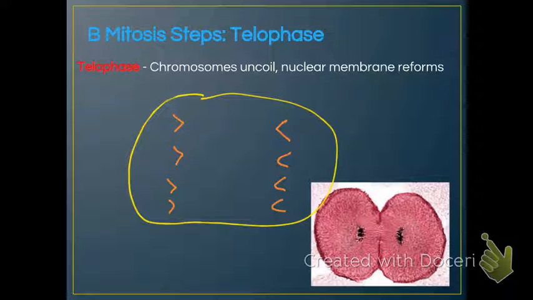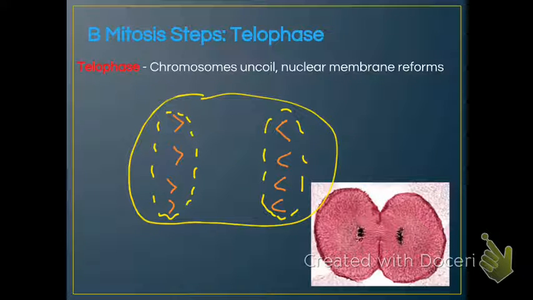And then the nuclear membrane starts reforming. So now you can start to see there's going to be two cells, right? Because now you have two nuclei, and then in cytokinesis you basically pinch it off.